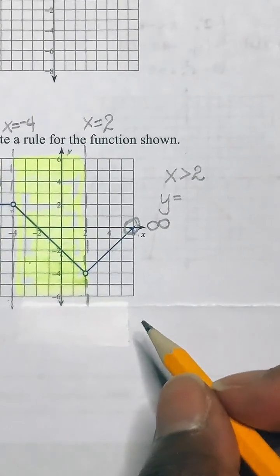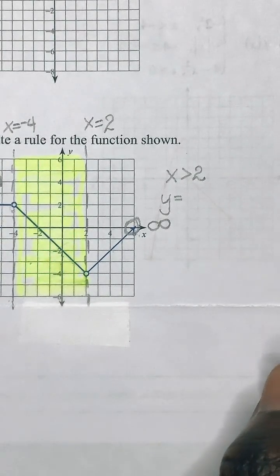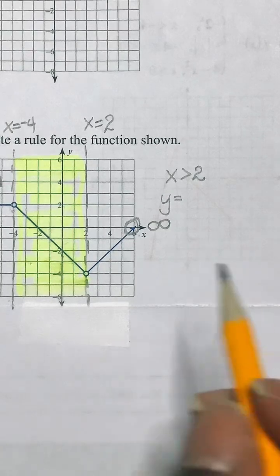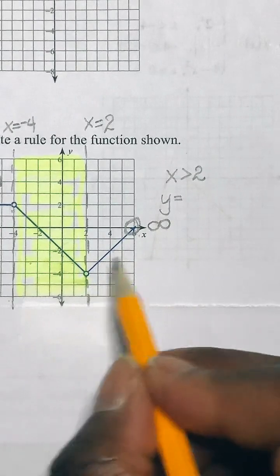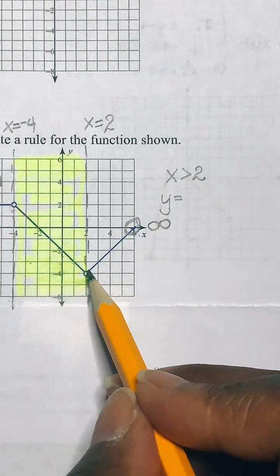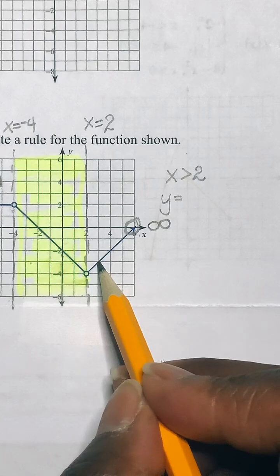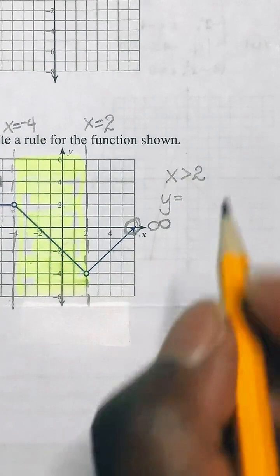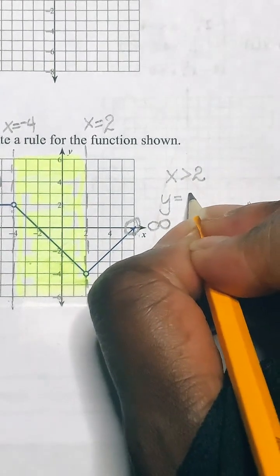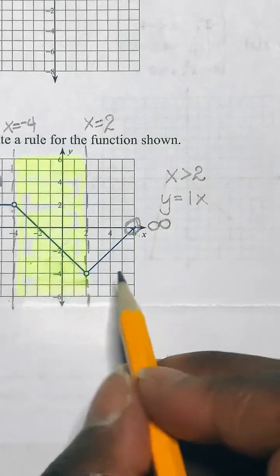All right. So Astrobird, how did you figure out it was -6? If there was no inequality. Okay. So if we didn't have this barrier, first we figure out our slope. If I go up 1 to the right 1, up 1 to the right 1, up 1 to the right 1, so we know my slope is a positive 1. 1 over 1, or just 1.